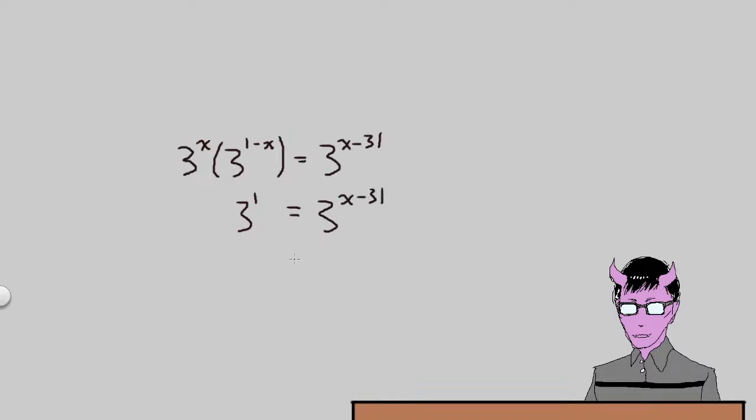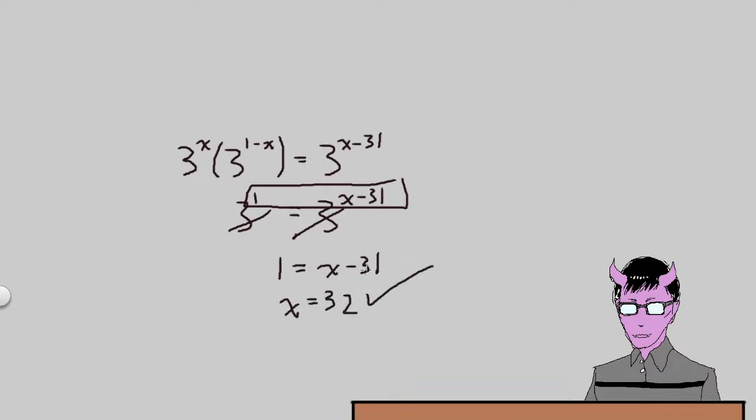And we arrive at the same situation as prior. This is base 3, therefore you drop the bases, the exponents must be equivalent, so we have 1 is equal to x minus 31. Add 31 to both sides, x is equal to 32. And then we're good to go. If you wish, you can double check.